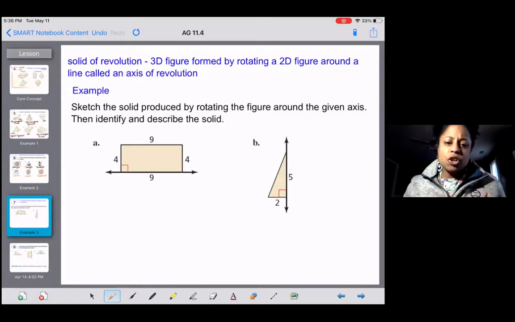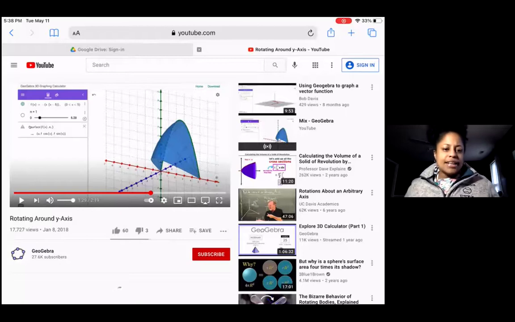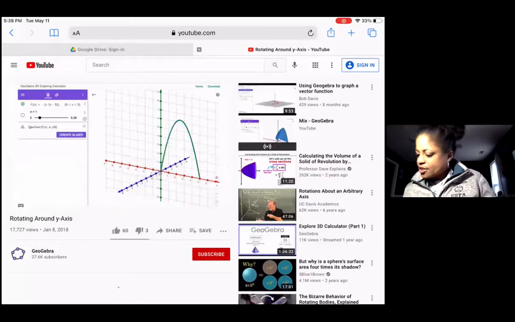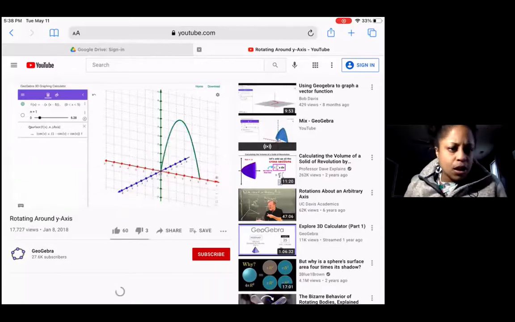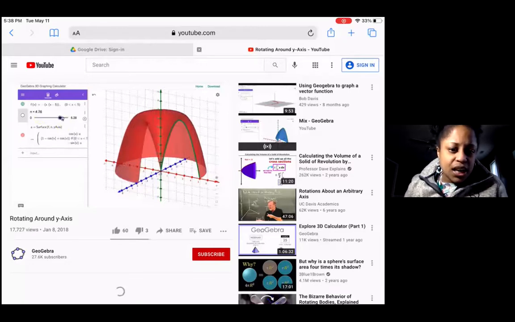So what I have for you is actually a little demonstration, and I'm going to switch to that. I will be right back. Okay, so I just found this. What he's doing here is writing a formula in GeoGebra, and he's going to rotate that parabola around the axis. There he is, rotating it around the y-axis.